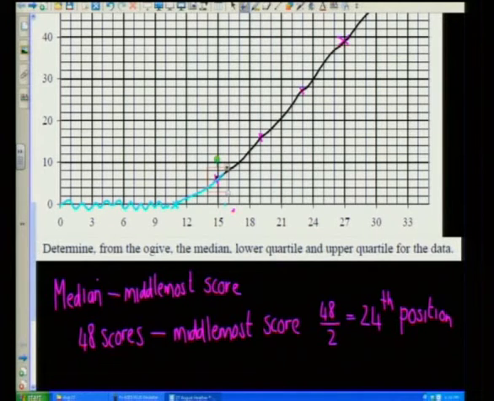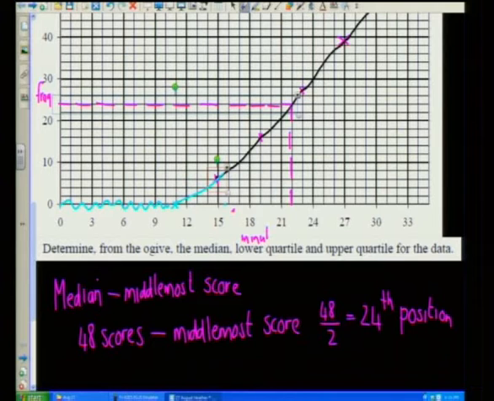And so, guys, this is your frequency. So we want to go to the 24th position and read it across. Now, there's 20, 22, 24. So literally what you're going to do is take your ruler, draw this dotted line exactly as I'm doing, and then hit your ogive, and then read downwards to your x-axis, which is your minutes.